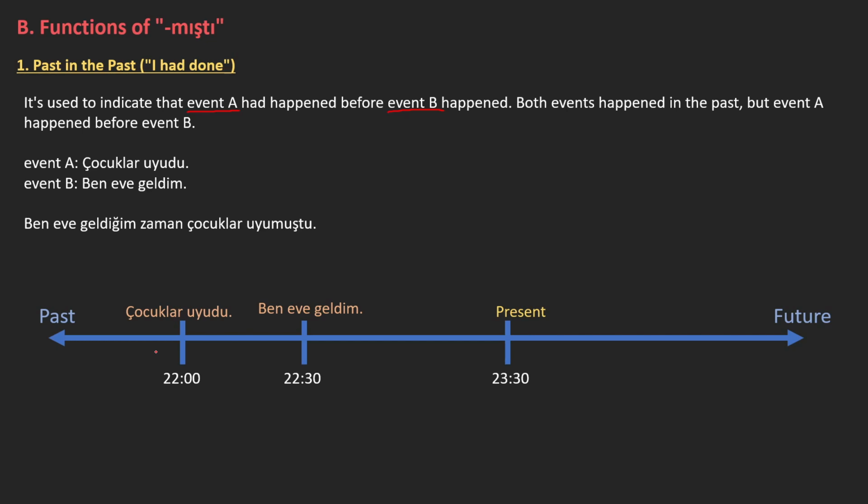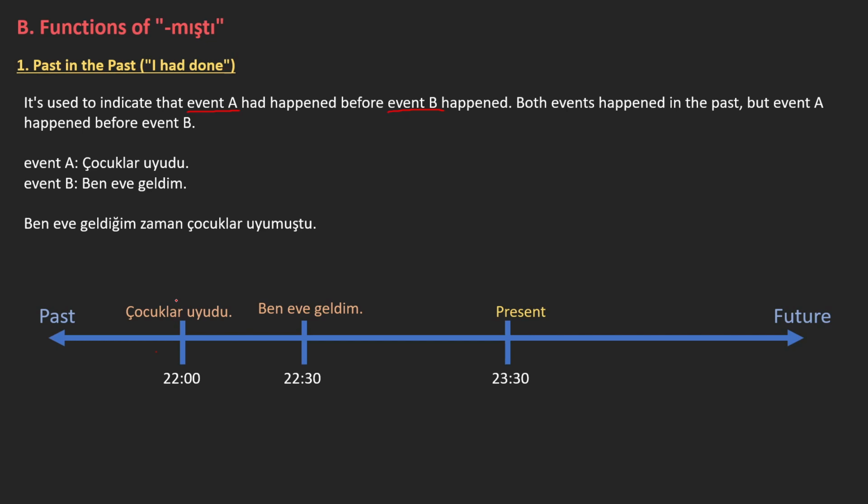Ben eve geldiğim zaman çocuklar zaten or çoktan uyumuştu. And is that the same as when I came home, the kids were already sleeping? Yes, it is the same. You can also say uyuyordu for this, were sleeping, but maybe I show you more examples and you will see the difference.